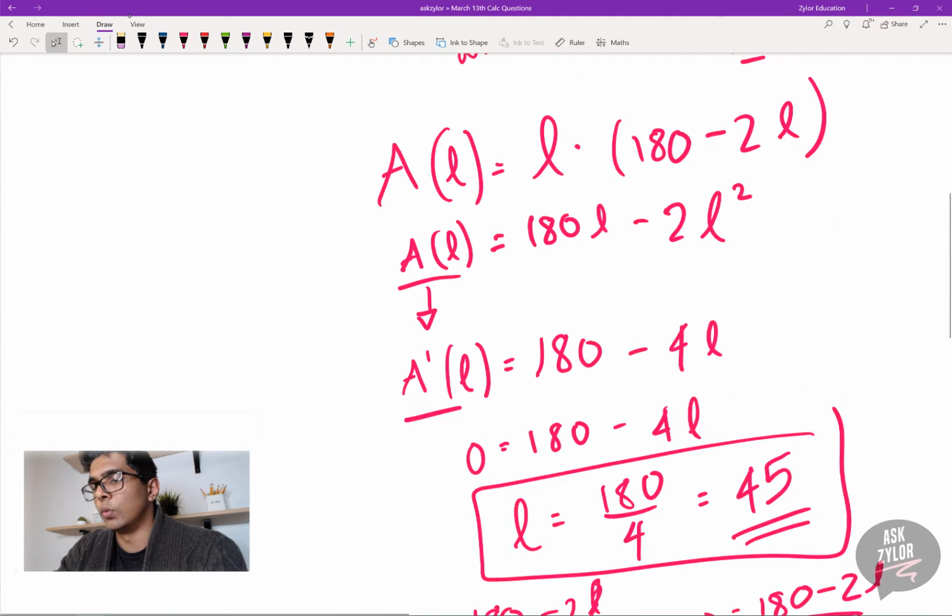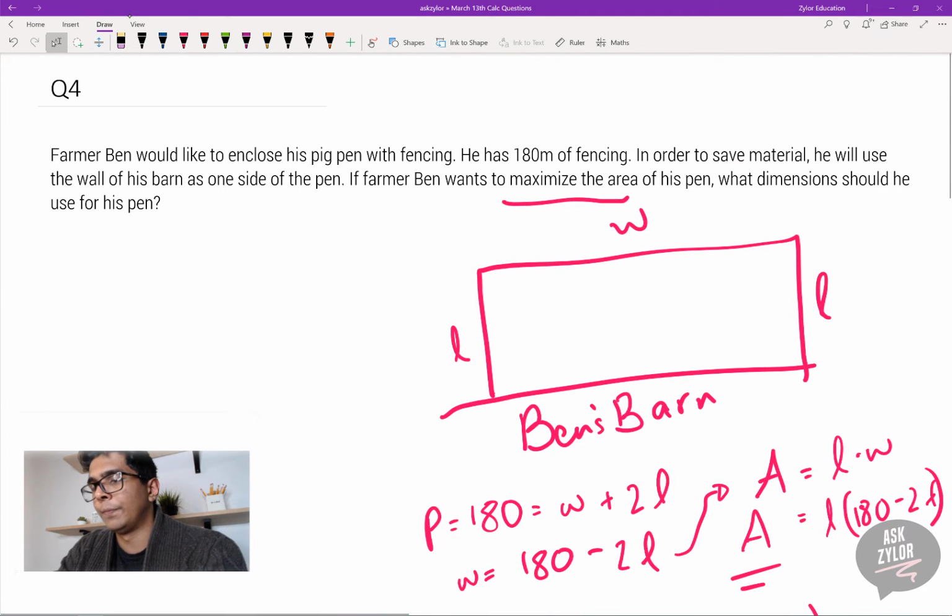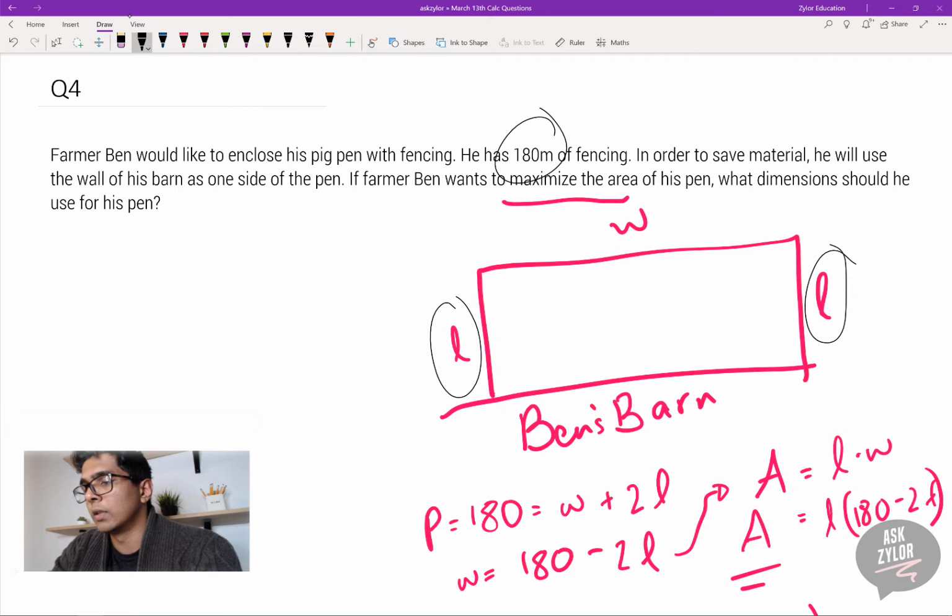So what we did was we had to maximize the area given a certain amount of fencing. So I drew a small diagram just to illustrate what we're trying to solve. We have two lengths and a width, and one side is using Ben's barn as one of the sides of the pen.